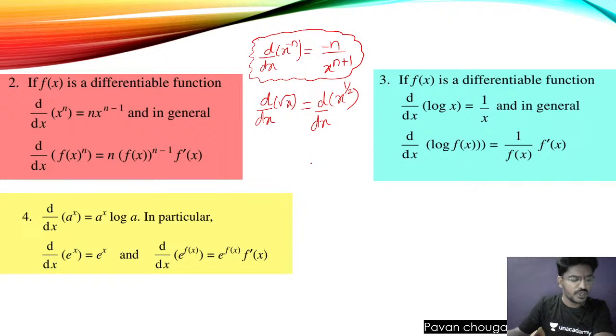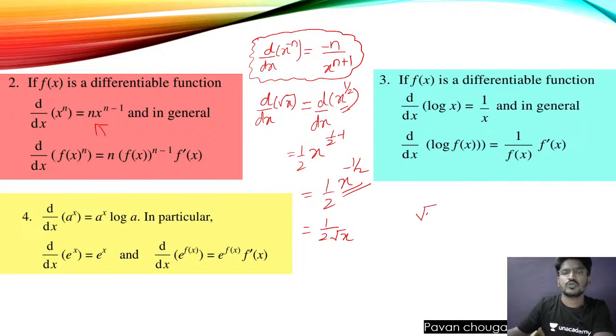Again you have to apply this particular formula. What it will be? 1 by 2 x to the power of 1 by 2 minus 1, nothing but 1 by 2 x to the power of minus 1 by 2. That is nothing but 1 by 2 into root x. Clear? So that's why d by dx of root x is 1 by 2 root x.